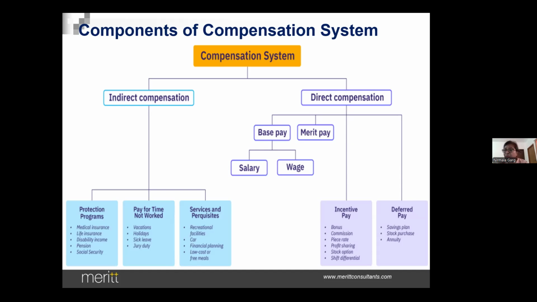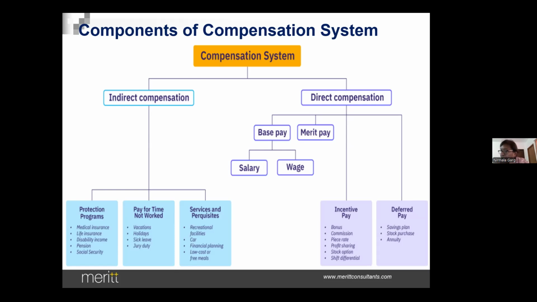So all this is looked into. When we talk about total rewards, we'll talk about those five elements, their constituents, and how you balance them depending on the business focus. Ultimately everything is business focus, so how do you align the entire thing? The compensation system of direct and indirect, or base salary and variable, are just one or two elements of the total reward concept.